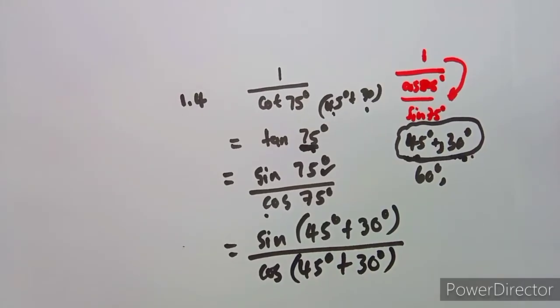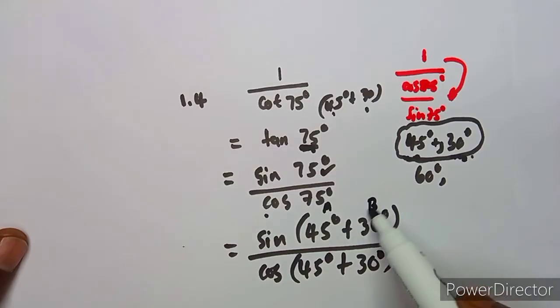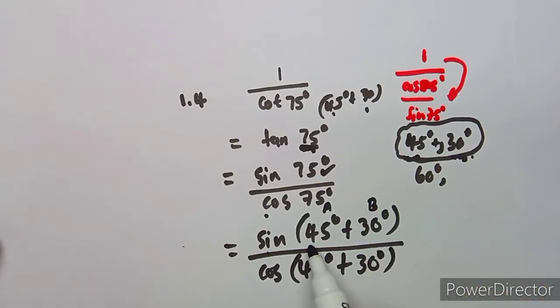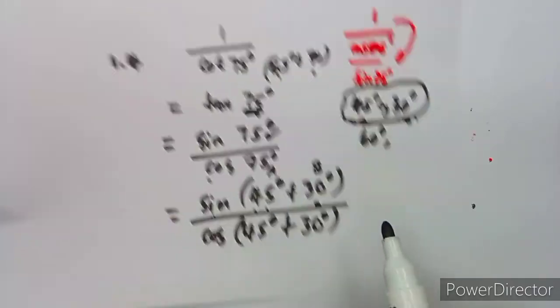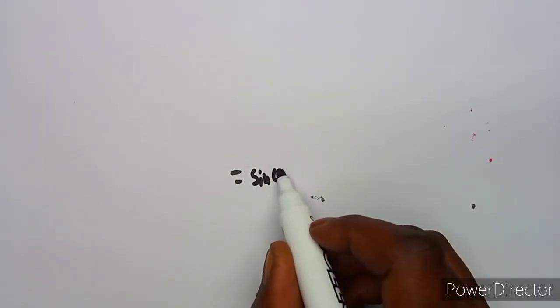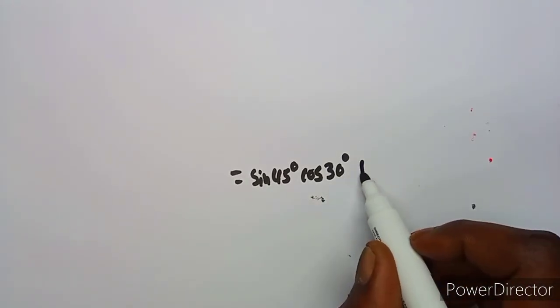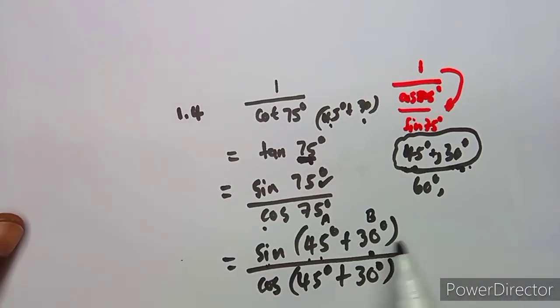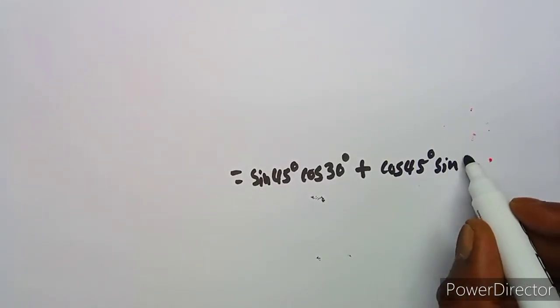All right. So actually here we can apply our identities, because this is A and B, and we know that sine of a sum is going to give us sine A cos B, which is sine 45 cos 30, plus. Remember, the sign does not change, but it's going to be cos 45 sine 30 degrees.